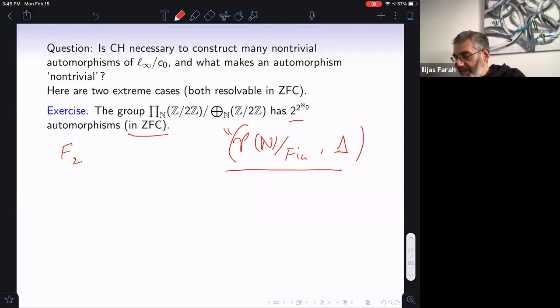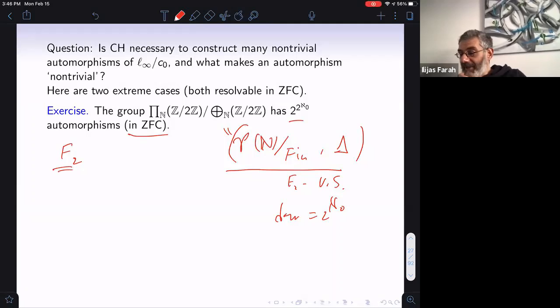This here is a vector space over F2. Right? You can multiply by elements of F2, and there is a natural addition of vectors. And its dimension is 2 to the aleph 0, basically by a counting argument. So its cardinality is 2 to the aleph 0.